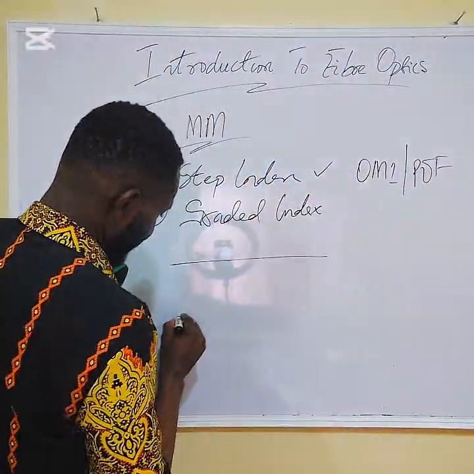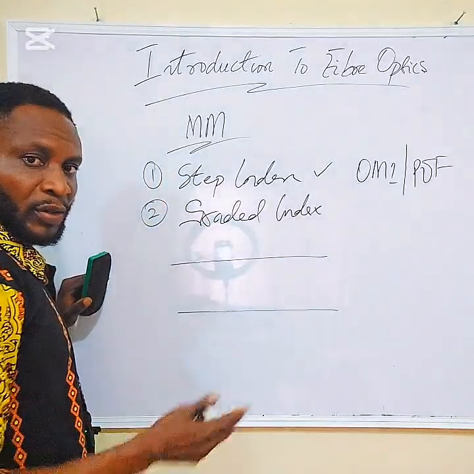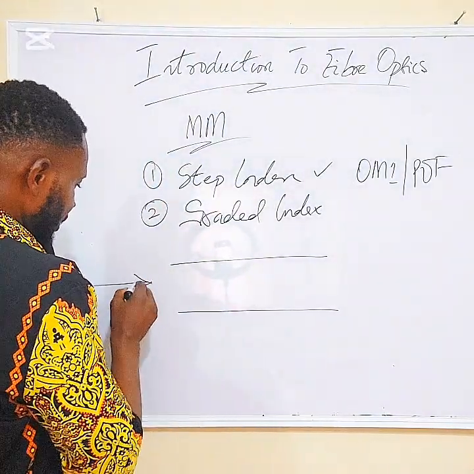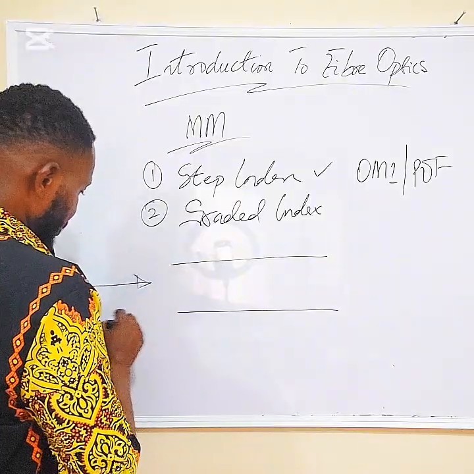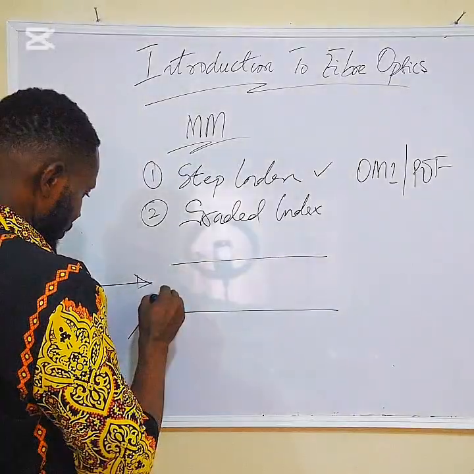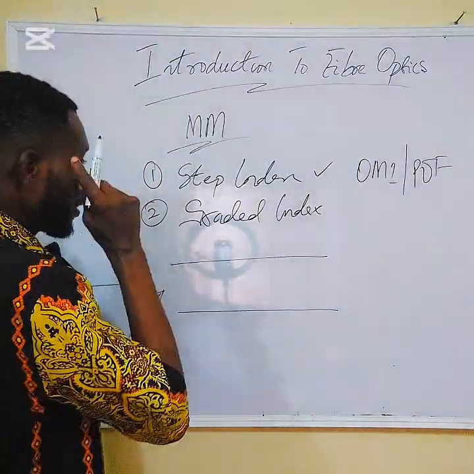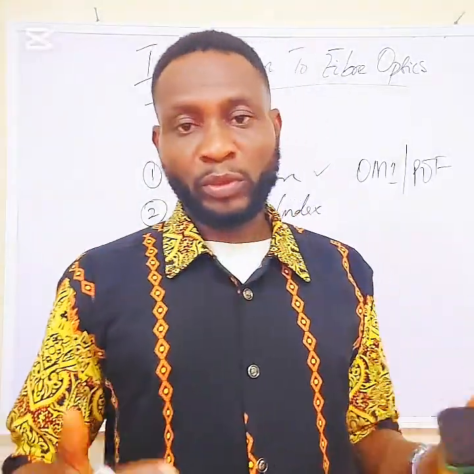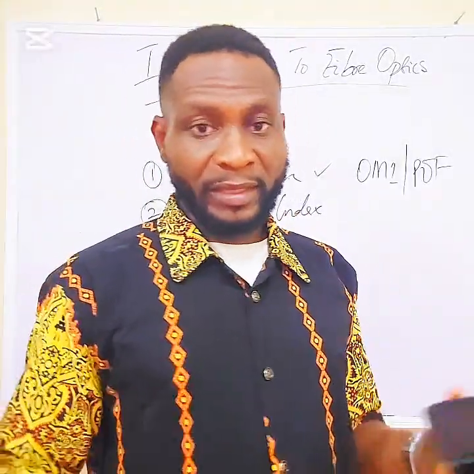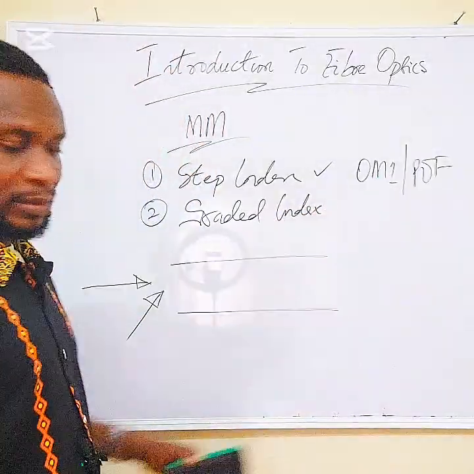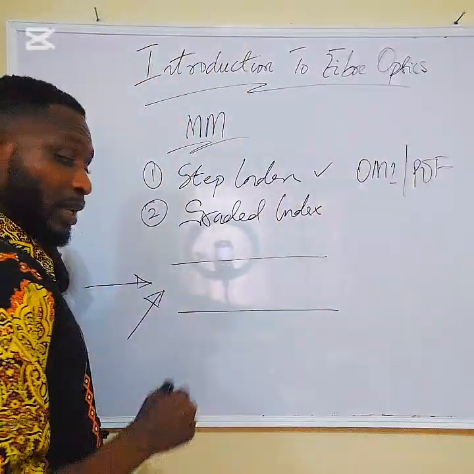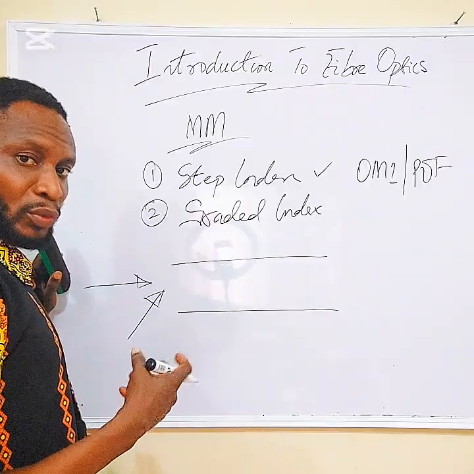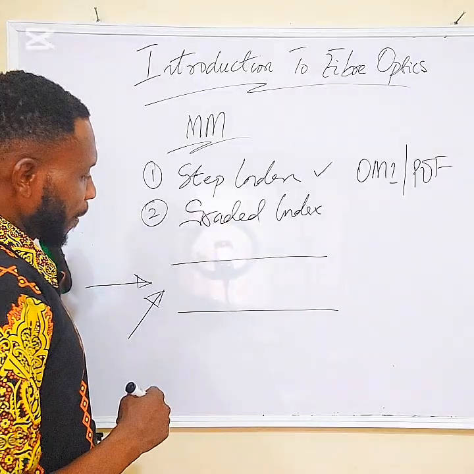Assuming this is the fiber core on the cable, and we send in a light source here. Don't forget, for multimode fiber the light source is an LED, while in single mode we use a laser source.